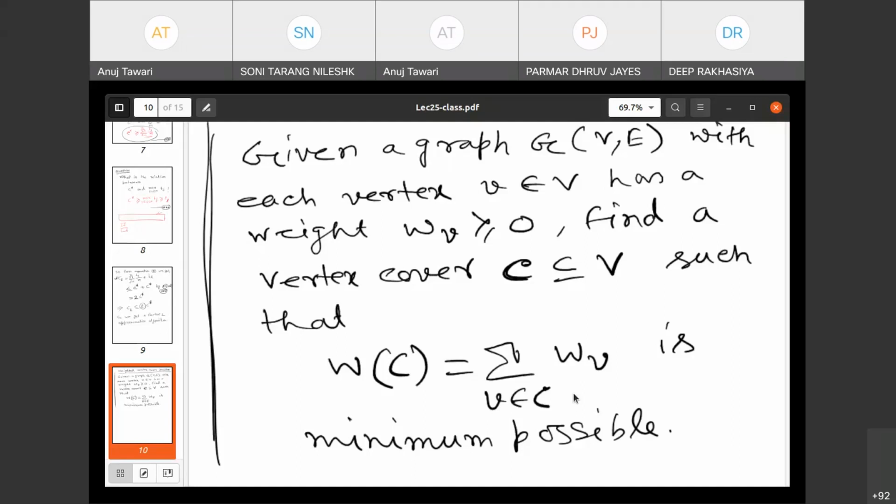So any ideas how we are going to solve this weighted vertex cover problem?